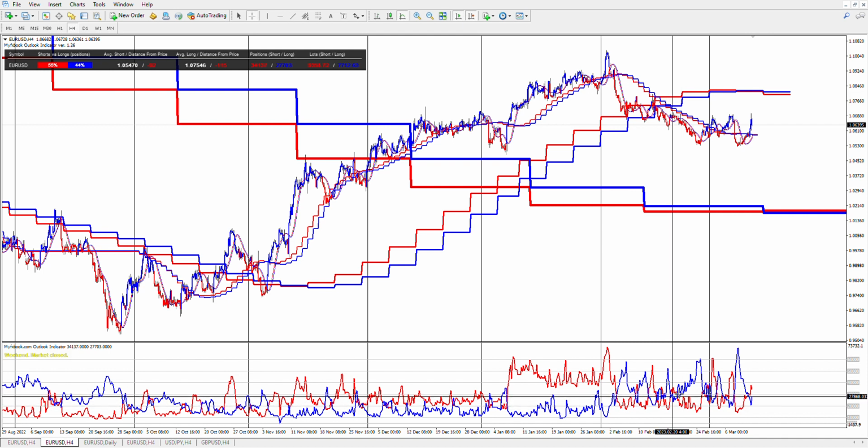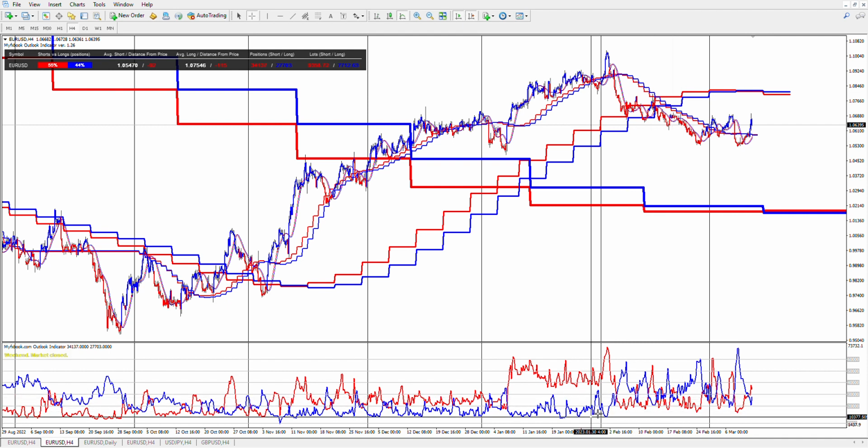And this is what we can use to predict the price moves. So if we know that the bulls are at 20,000 lots, like here in January, we know that they are at the bottom, that they won't move lower, and that we can expect the movement.